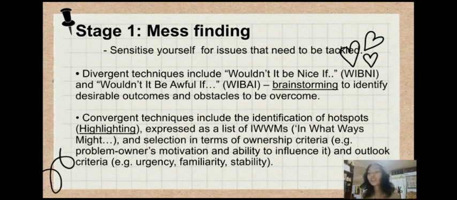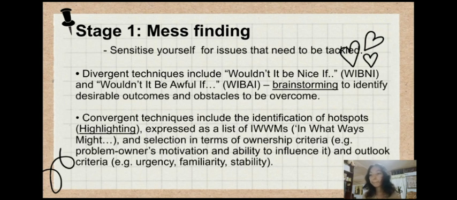Then we have our convergent techniques, which include the identification of hotspots or highlighting, expressed as a list of "in what ways might I" statements, and selection in terms of ownership criteria, problem owners' motivation and ability to influence it, and outlook criteria, urgency, familiarity, stability.